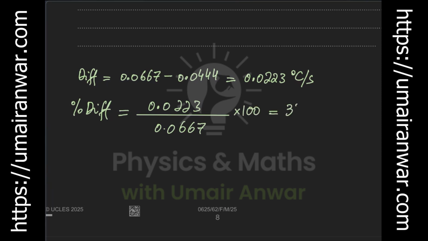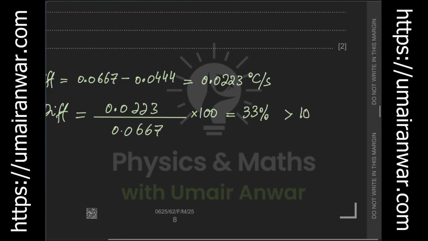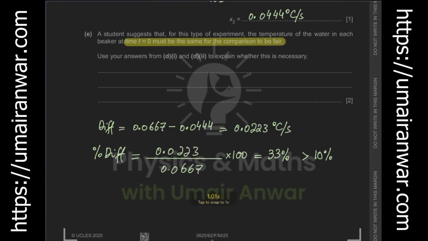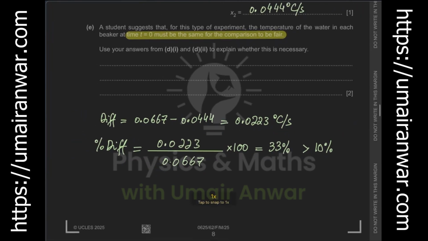This is approximately 33%, which is much larger than the 10% limit of experimental accuracy. So there is a difference which is larger than the limit of experimental accuracy, and the two rates of cooling cannot be considered as the same rate of cooling.